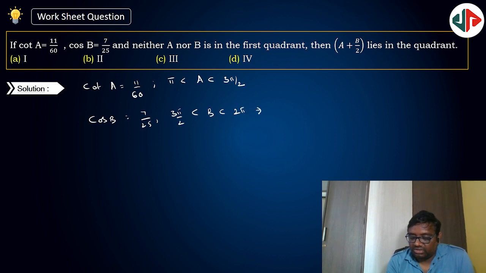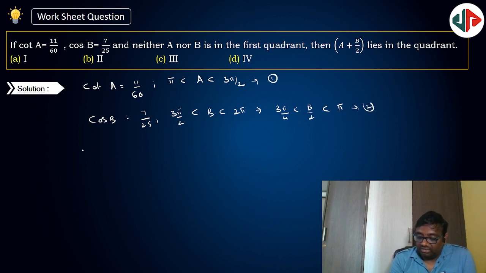If I divide on both sides, 3 pi by 4 less than B by 2 less than pi. If we add these two inequalities, pi plus 3 pi by 4 less than A plus B by 2 less than pi by 2 plus pi.